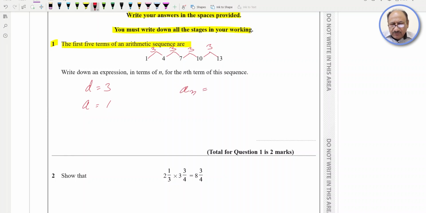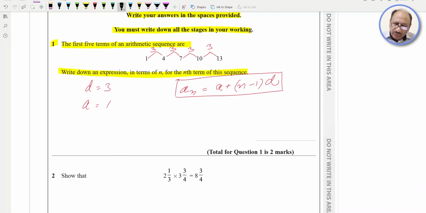We need to find the nth term. They're saying write down an expression in terms of n for the nth term of the sequence. So a n is equal to a plus n minus 1 into d, and this is the formula which we will be using.